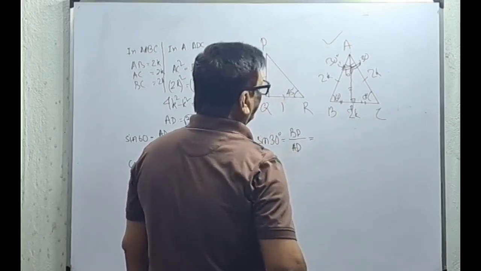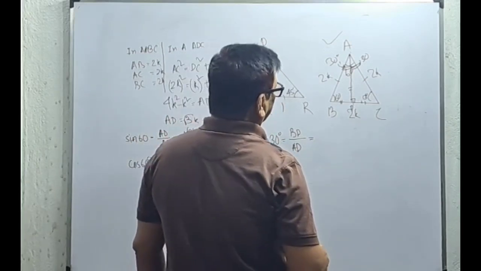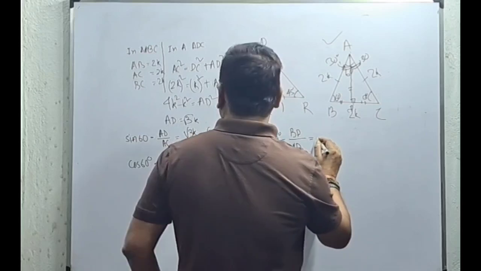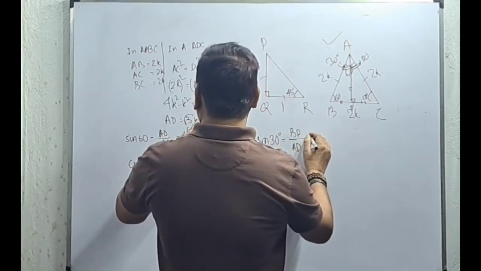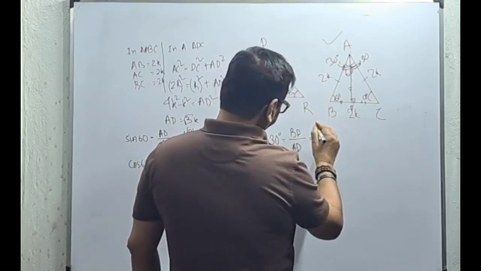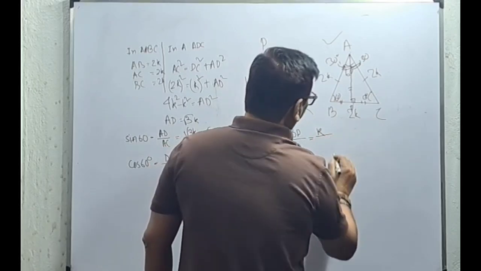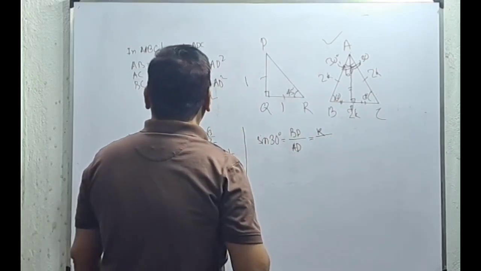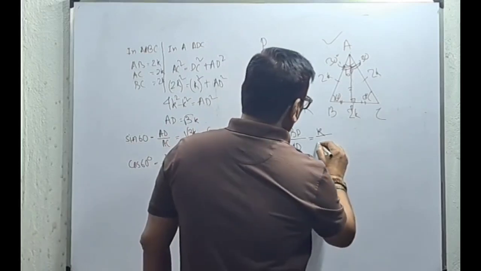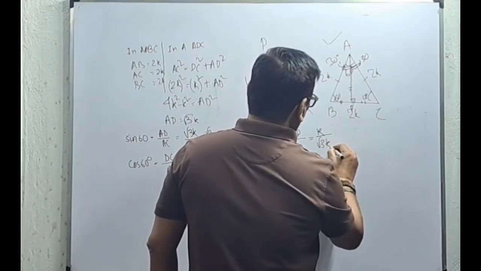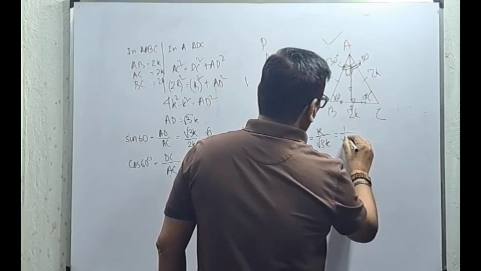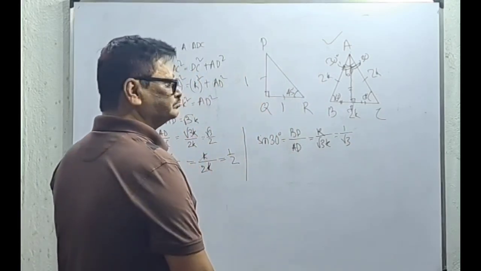Which is equal to BD, we find out as BD is K and AD is root 3K. So 1 by root 3, correct?